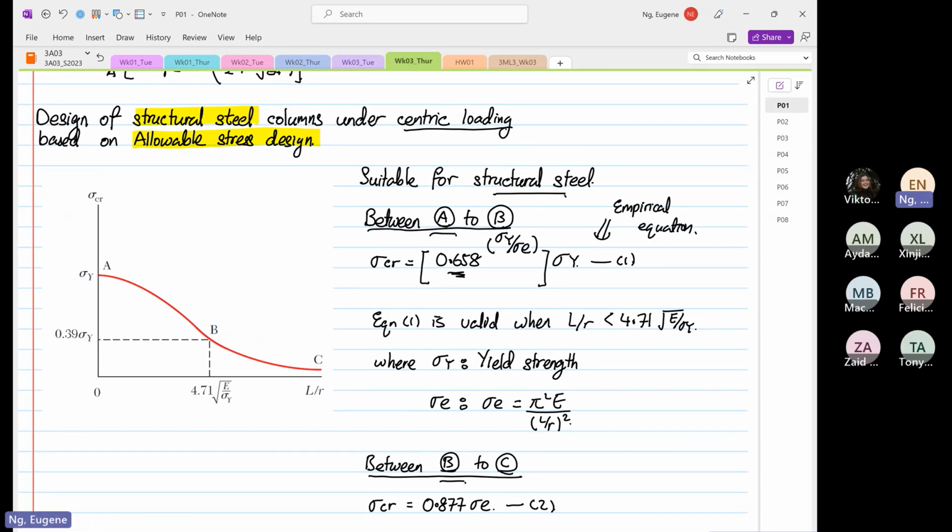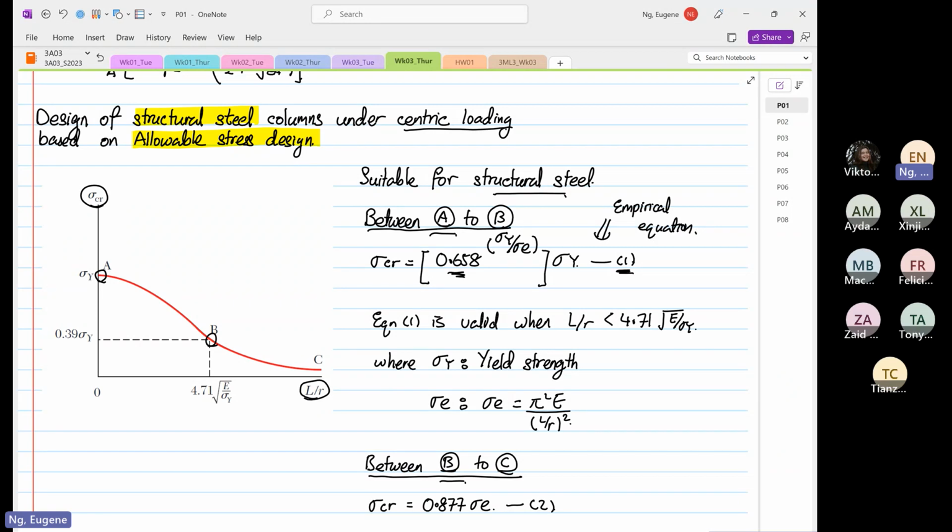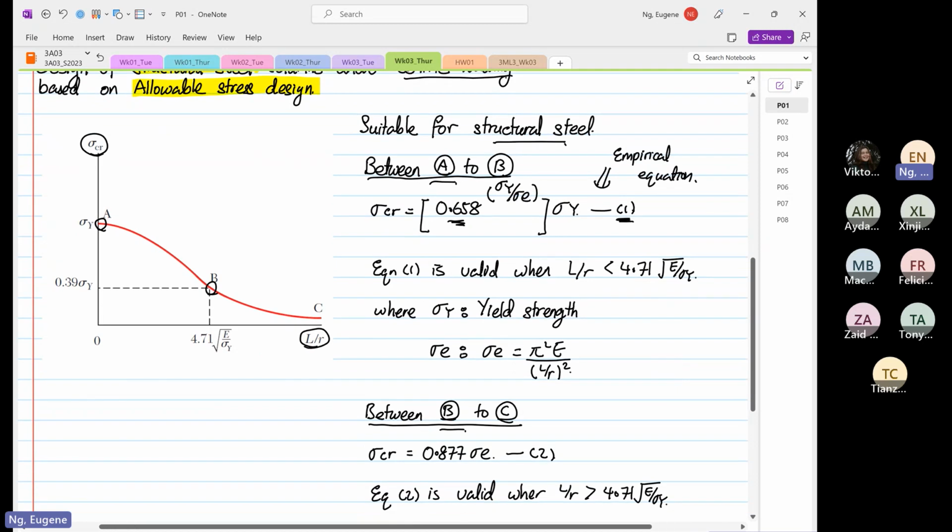If you look at between point A and point B, the empirical equation is stated in equation number 1, where the critical stress, on the y-axis, with L over r on the x-axis, is equal to 0.658 to the power of stress Y over stress E, and then the whole thing in brackets multiplied by the stress Y. As we have written before, this is only valid when L over r is less than 4.71 square root of E divided by stress Y.